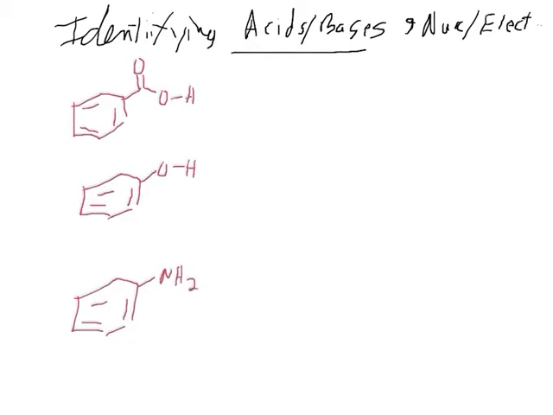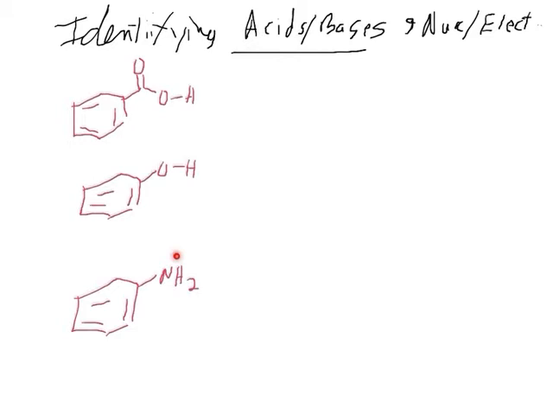Instead of looking at resonance structures, delocalized versus localized, now we compare electronegativity. Oxygen's more electronegative than nitrogen. That means nitrogen is more likely to act like a base. That means the OH bond is a weaker bond. So comparing these two, OH is more likely to be an acid, and this is more likely to be a base. More polar bond, and the electron lone pair is more likely to be reactive because it's less electronegative.